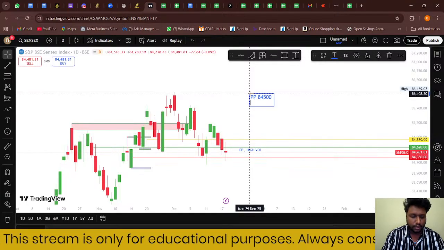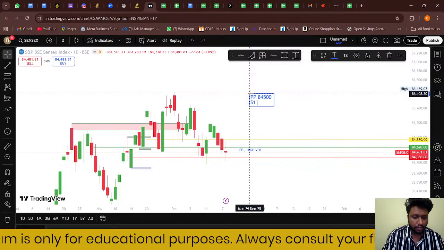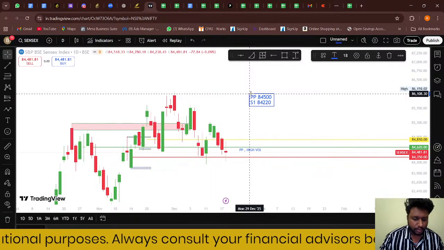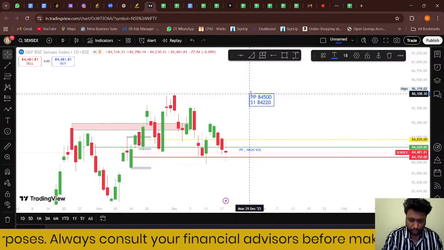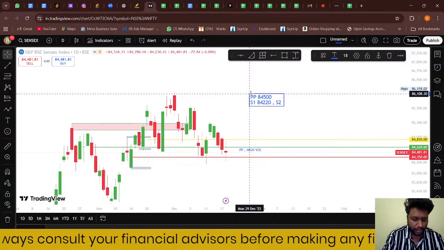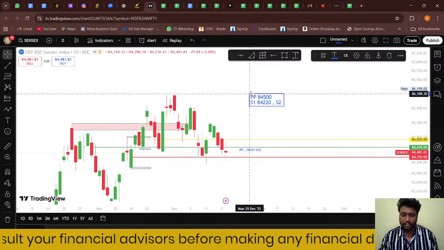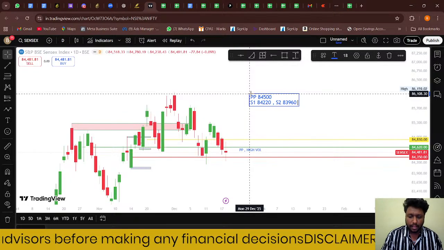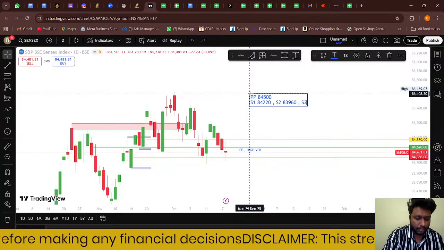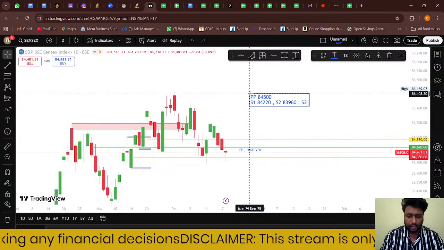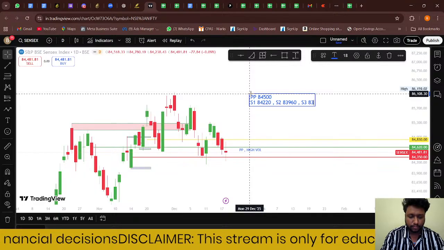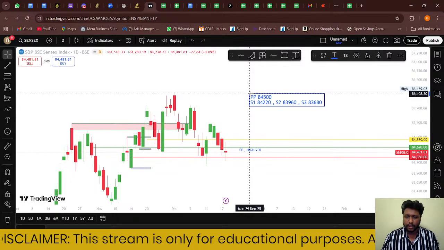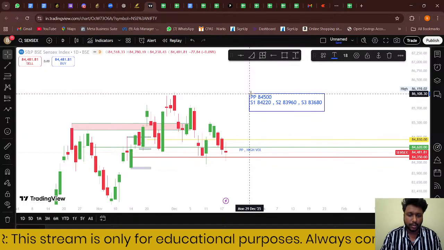With respect to that, support 1 lies at 84,220, support 2 is at 83,960, and support 3 lies at 83,680. So this is where the three supports lie with respect to Sensex.